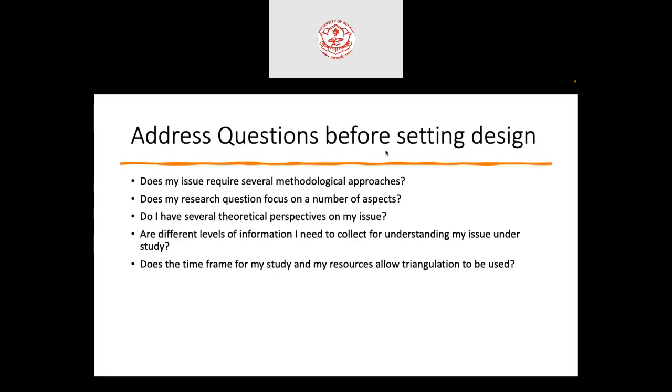Suppose I can give an example. We did a paper on a triangulation approach based on Bitcoin prices. The Bitcoin prices are influenced by both sentiments as well as market factors. Market factors clearly influence Bitcoin prices, where market factors mean the fundamental and technical factors, as the theory says.